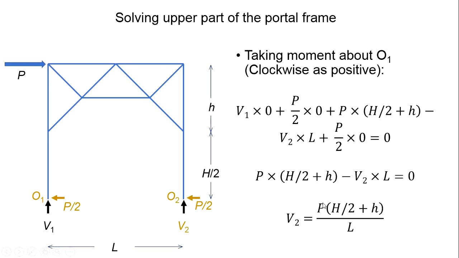Solving this equation, we will get the value of V2 in terms of P, capital H, small h, and capital L. In this way we have found the value of the vertical internal force at point of contraflexure O2, and that will also be the vertical reaction at the right column support.